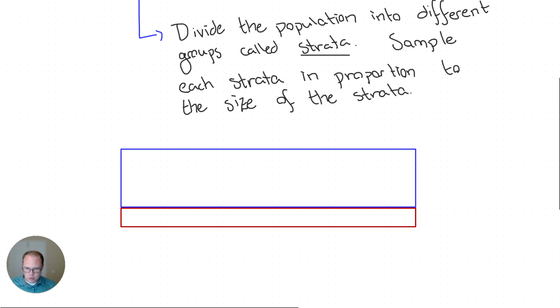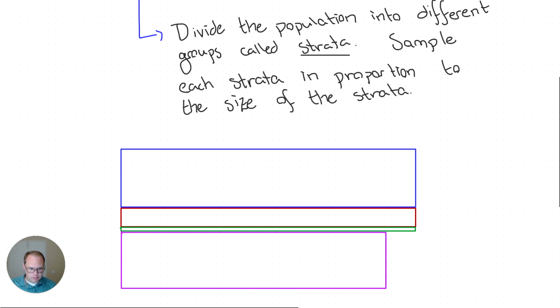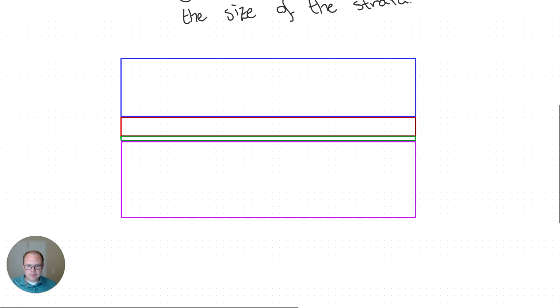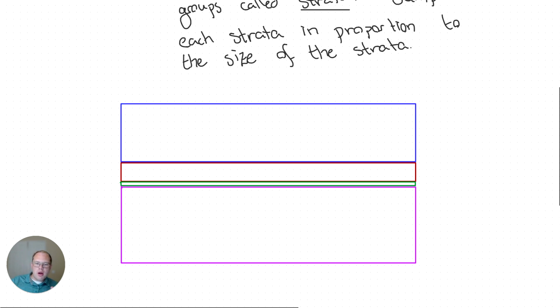And then we maybe have a really tiny group, and then maybe a great big group. And we want to make sure that our sample has all these characteristics accurately represented.